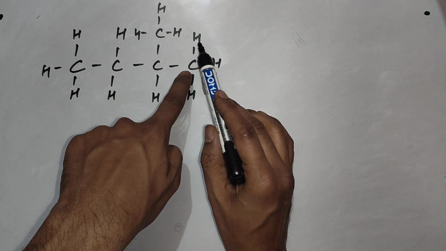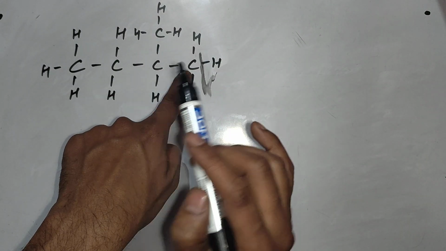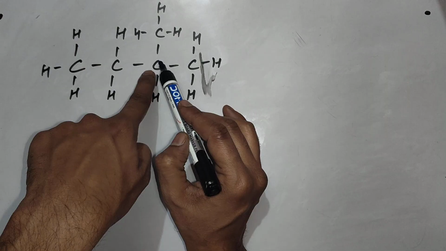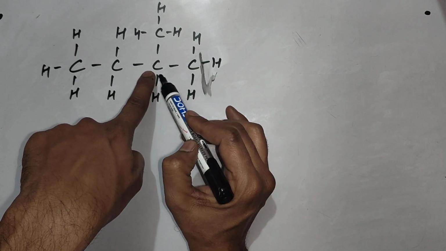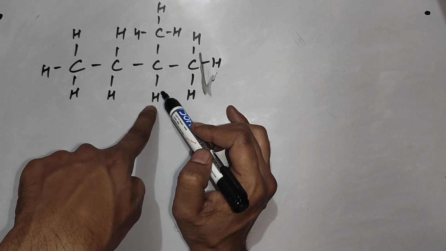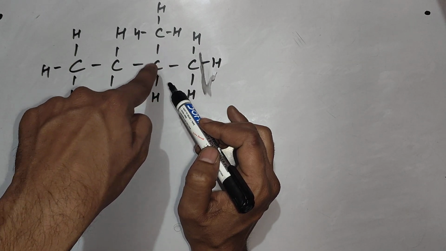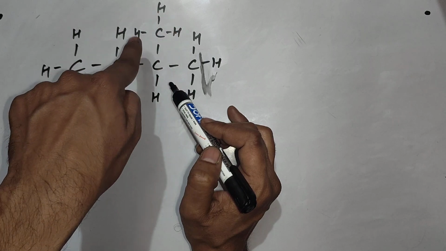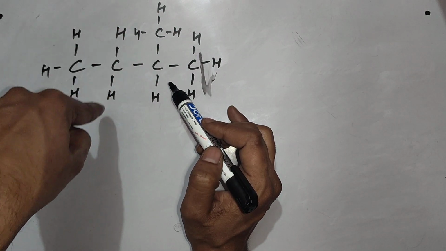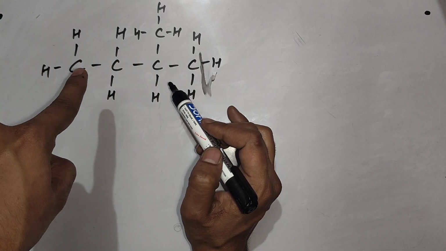So the hydrogens which are attached to it are also known as 1 degree hydrogen. This carbon itself is attached directly to 3 carbons, so it is a 3 degree carbon, and the hydrogen attached to it will be 3 degree. Similarly, this carbon is 1 degree and the hydrogens attached to it are 1 degree. In the same pattern, these two hydrogens will be 2 degree and these 3 hydrogens will be 1 degree.